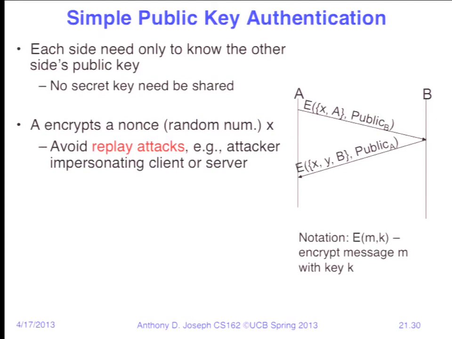So at this step, what do we know? Who knows what? What does B know? What does A know? Well, at this point, B doesn't know anything. B could have gotten this message from anybody.